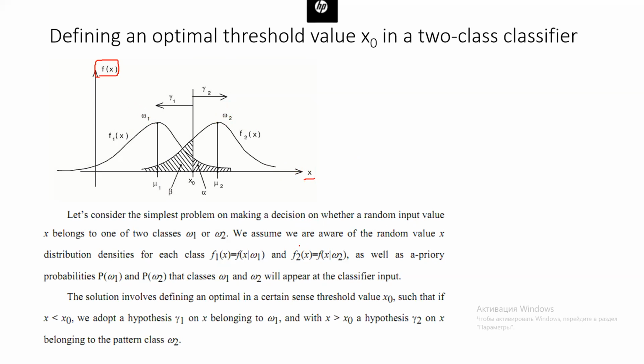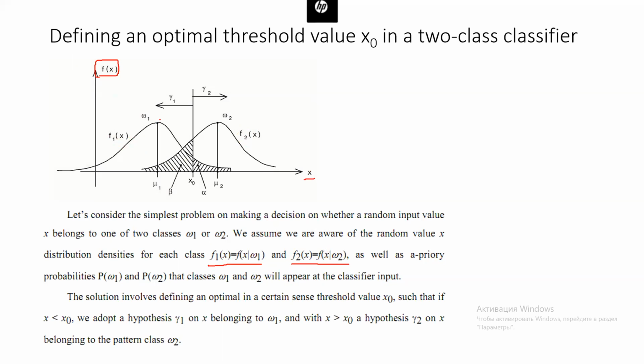We assume that we are aware of the random value x distribution densities for each class. So it's a distribution of value x. And we know that we have function f1 for all objects from the first class, some distribution, and distribution f2 for all x from class 2.